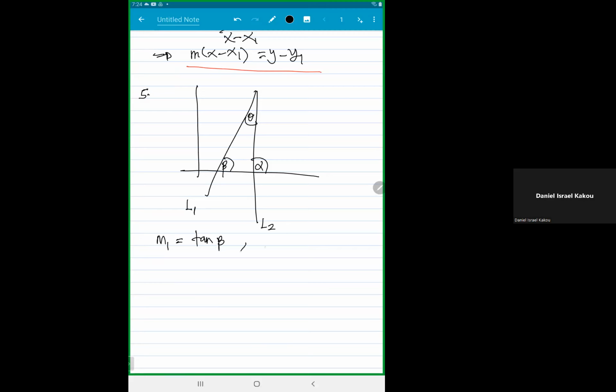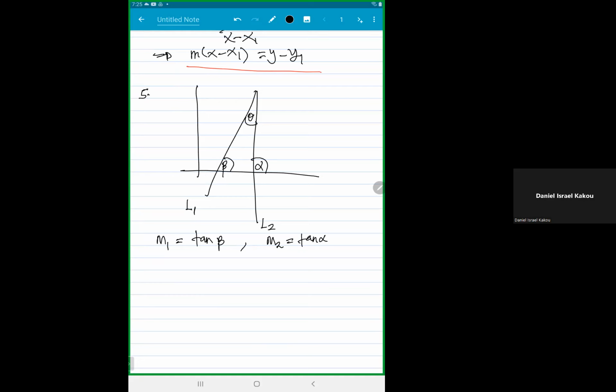And the gradient of line L2, which I'm going to call M2, is also tan of the angle it makes with the x-axis. Because the angle is alpha, the gradient becomes tan alpha.